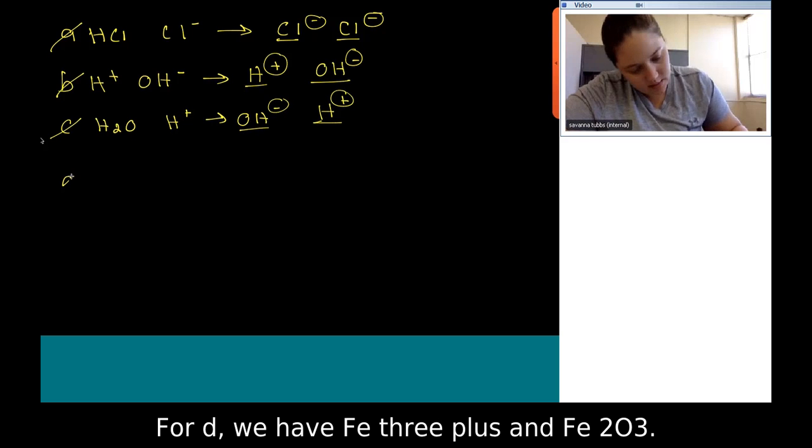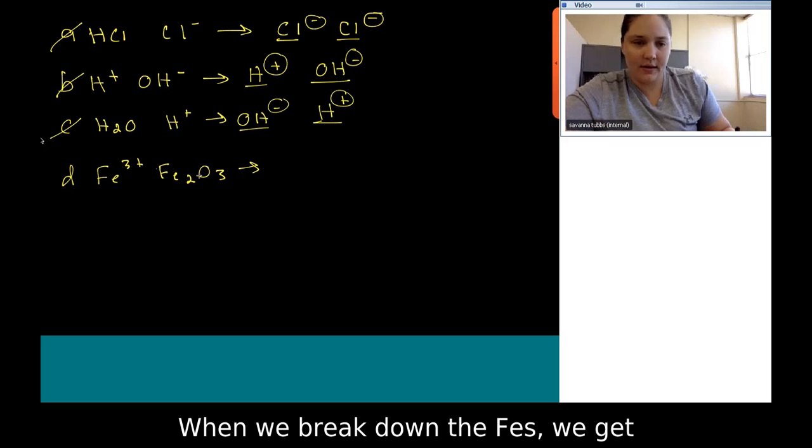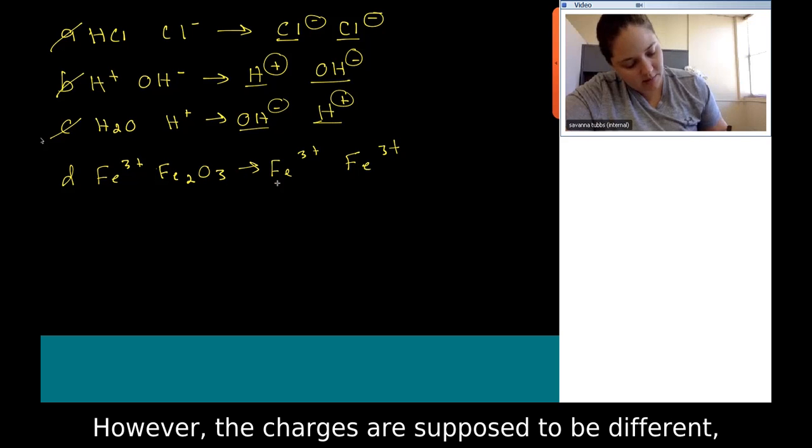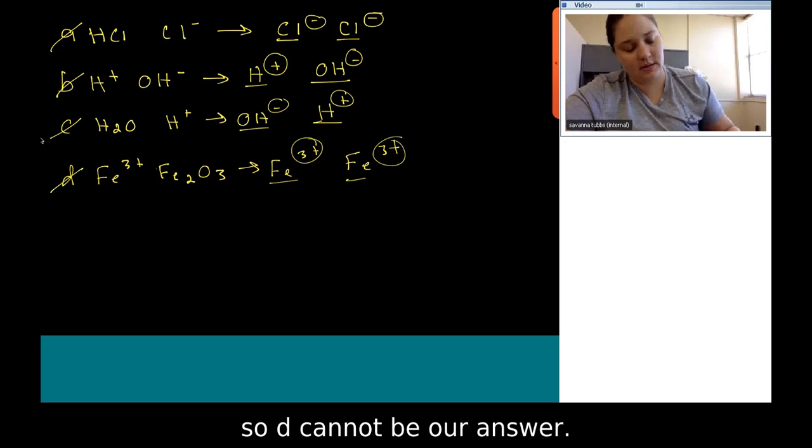For D, we have Fe3 plus and Fe2O3. When we break down the Fe's, we get Fe3 plus and Fe3 plus. So the elements are the same, however, the charges are supposed to be different. So D cannot be our answer.